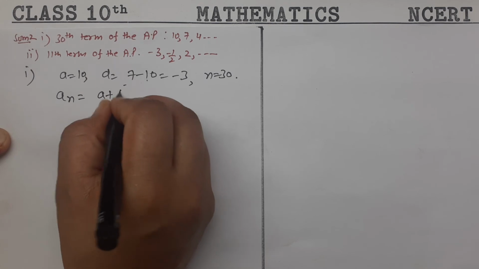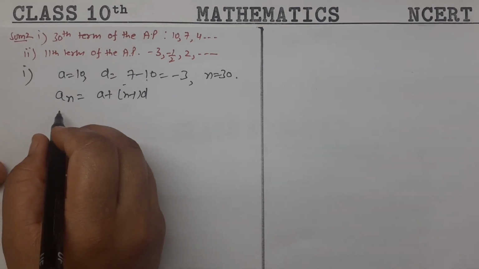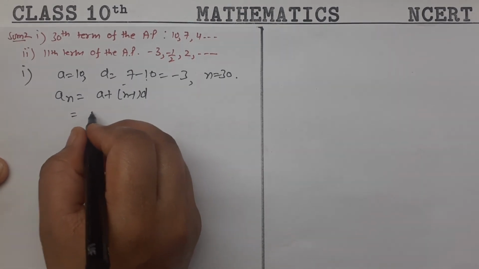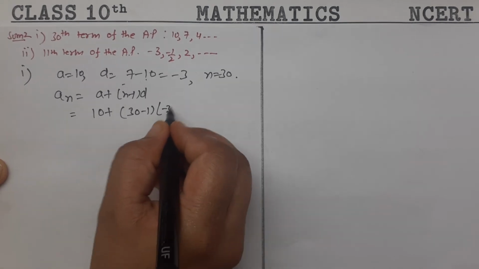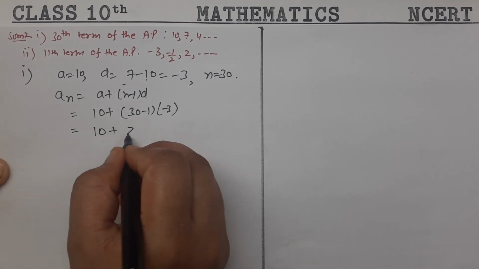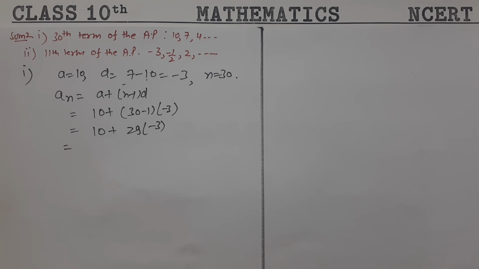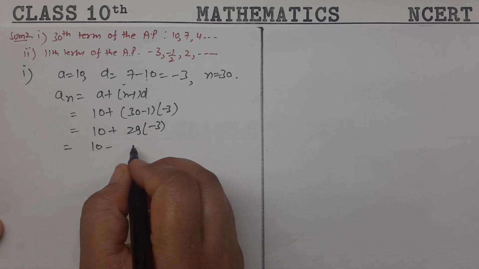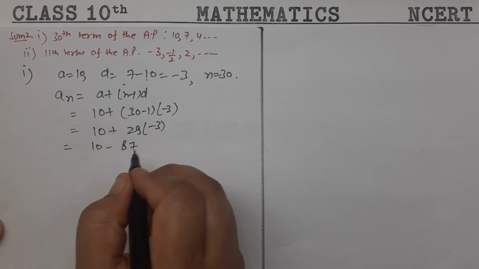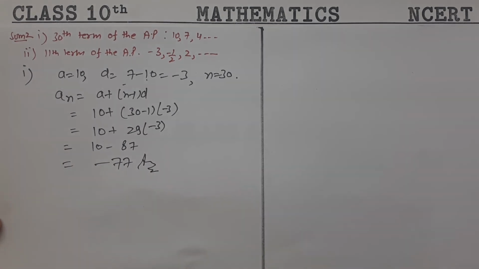An is A plus (N minus 1) D. We have to find A30. N is 30 minus 1, D is minus 3. Solving. Three nines are 27. Minus 87. Answer is minus 77.